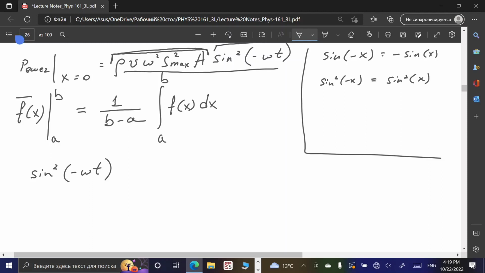So we can, instead of this, consider sine squared omega t. Now we need to determine the average of this function over the time interval which corresponds to the period of the sound wave.